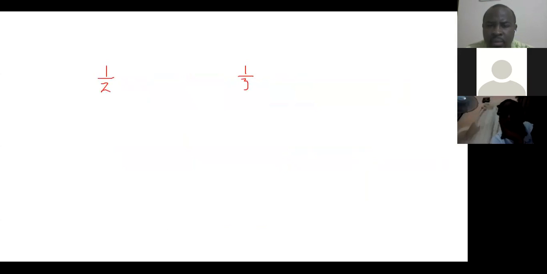One equal part out of 2 total equal parts of a whole. Don't miss that part. Of a whole, yes. And the second one is one equal part out of 3 total equal parts of a whole.